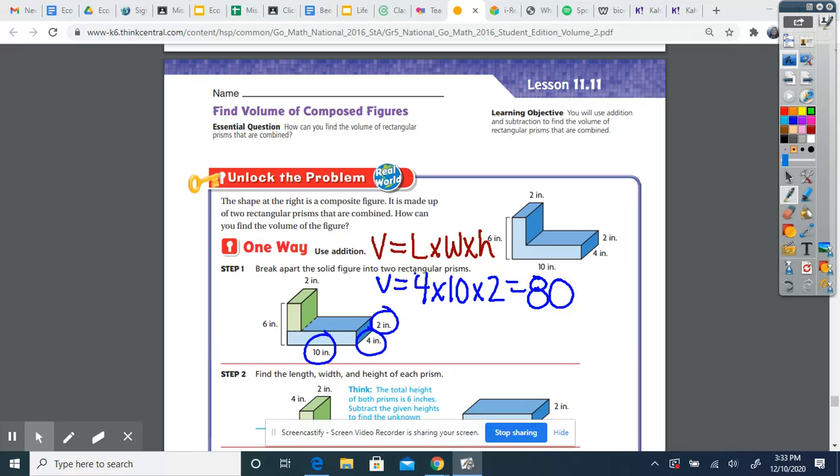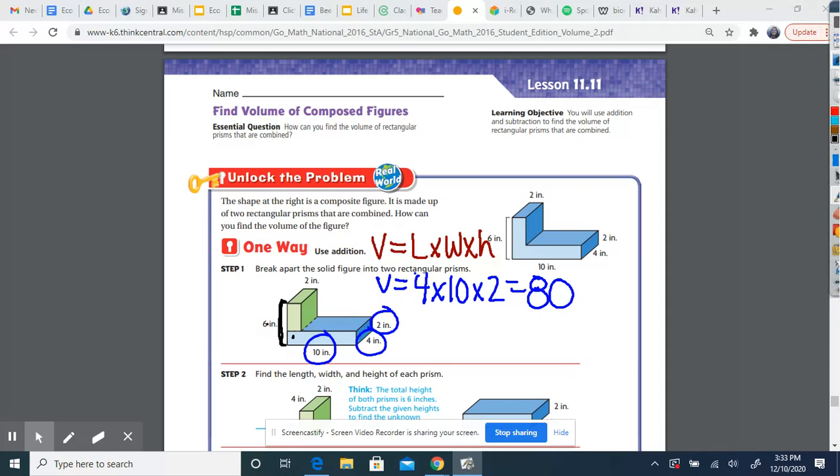And then we need to find the volume of our green rectangular prism. So don't get confused at this right here, because this 6 inches is telling you that the width of the blue rectangular prism and the width of the green equals 6 inches.